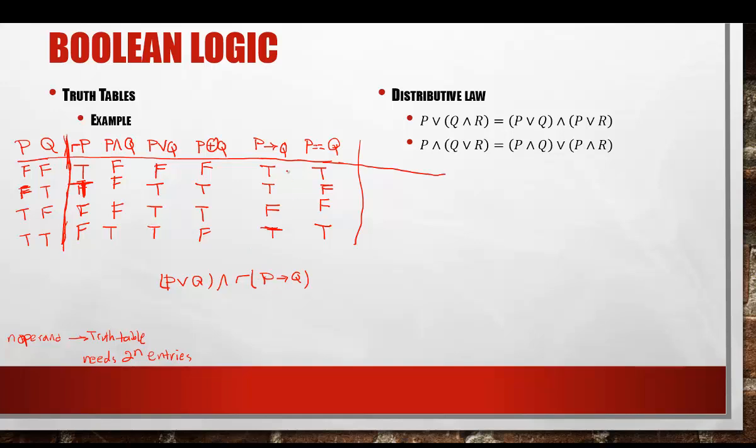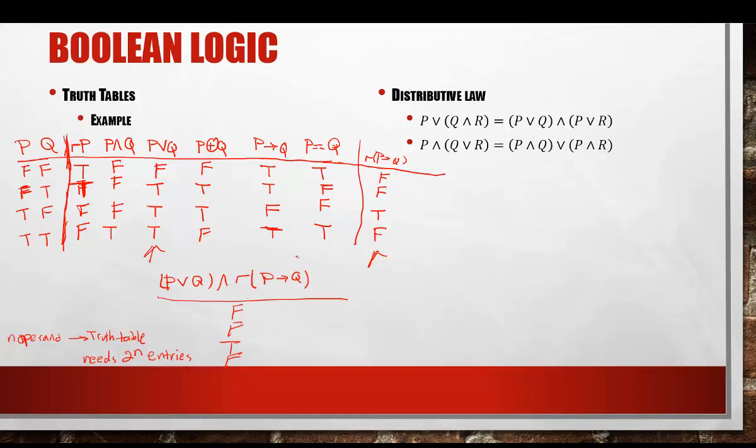Then not P implies Q would be false, false, true, false, and then the AND of this and that will be false, false, false, true, false, false, true, true, true, and true, false, false.